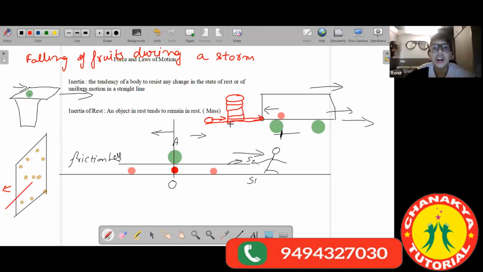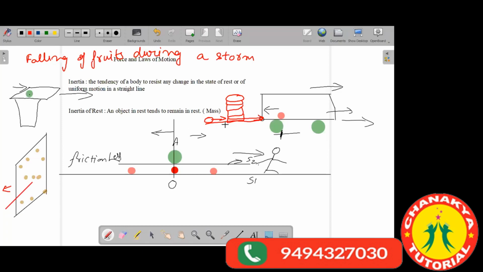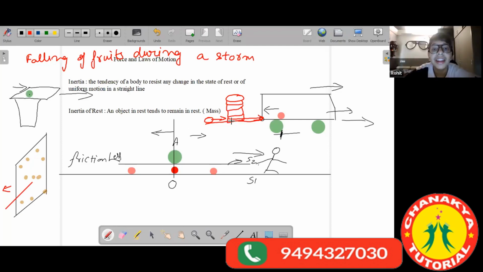Sir, is it because the top ones are at rest and the others are in motion? Yes, all of them are initially in the state of rest, but we are applying the force only on the bottom one. We are not applying the force on all. Sir, but if we hit the striker hard, won't all of them fall down?